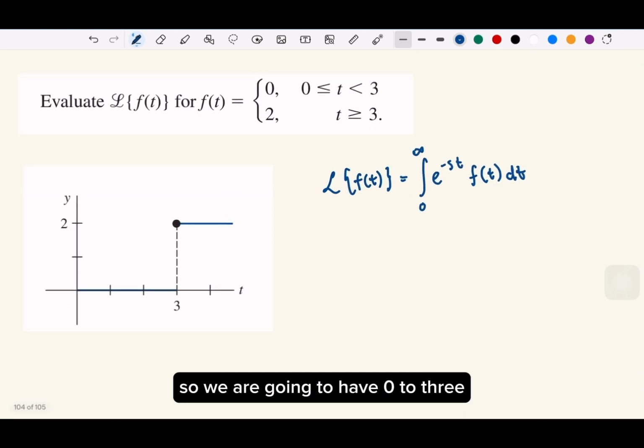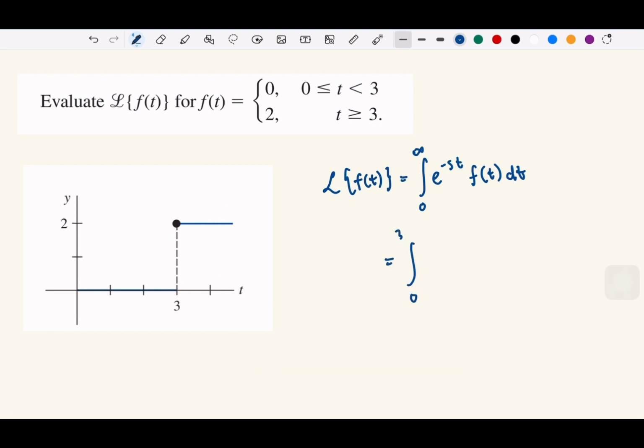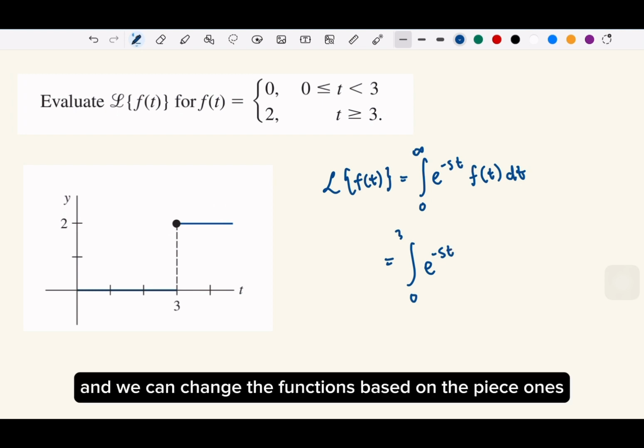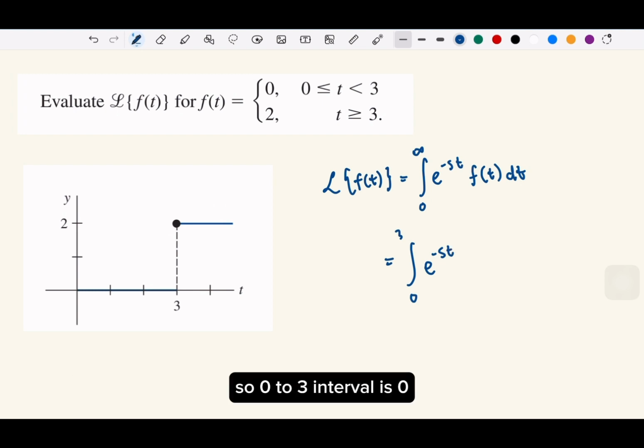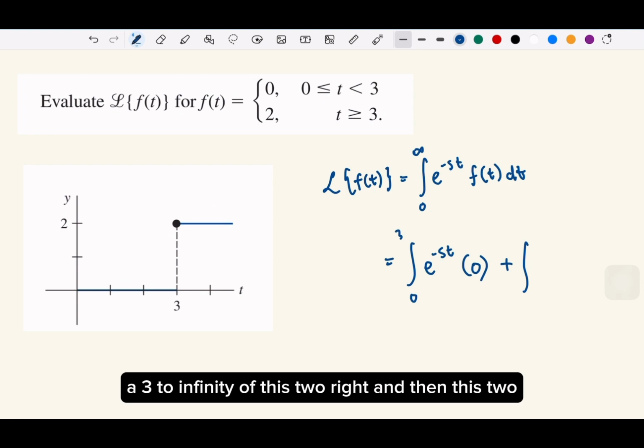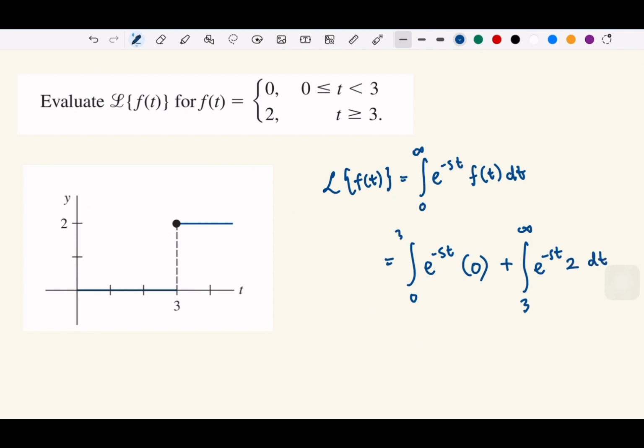So we are going to have 0 to 3, and we can change the function based on the piecewise. So the 0 to 3 interval is 0, so this will be 0, plus the integral from 3 to infinity of 2, right? And then dt.